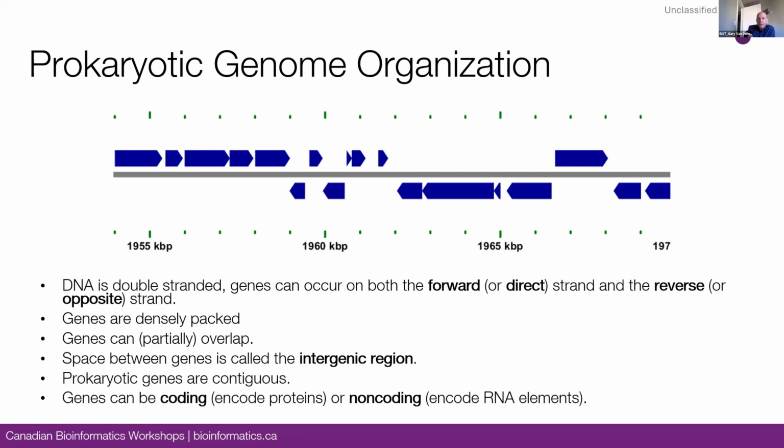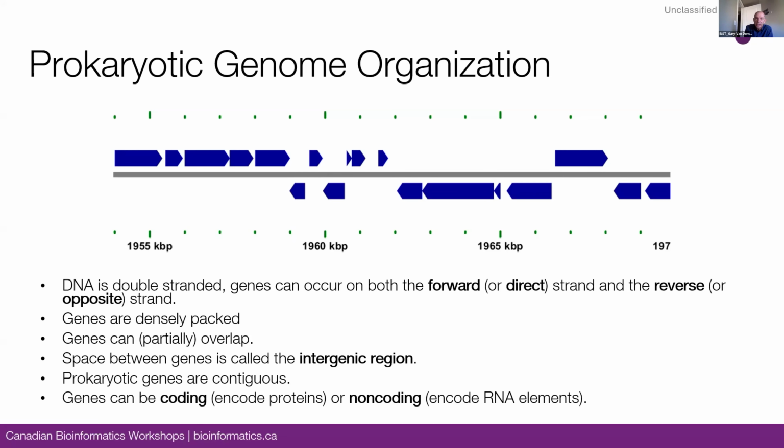So remember, we have double-stranded DNA, and the genes can reside on the forward or direct strand or on the reverse or opposite strand. The genes are dense. About 75 to 85% of a bacterial genome contains genes, and then only about 15 to 25% is what is called intergenic region.